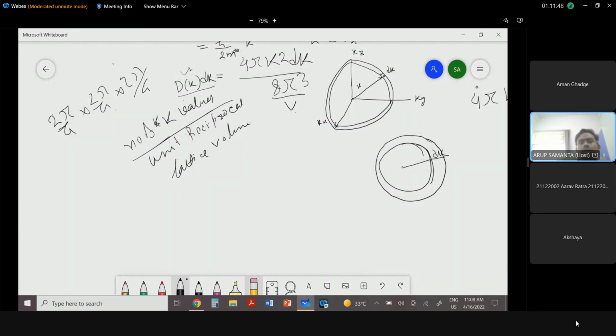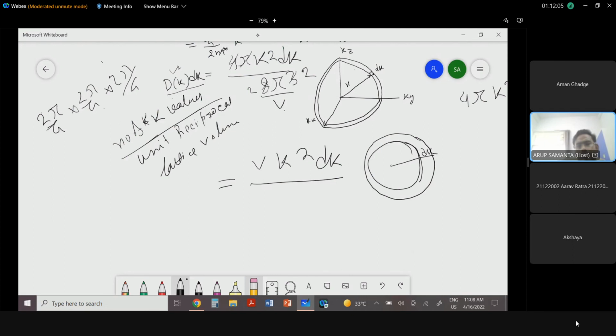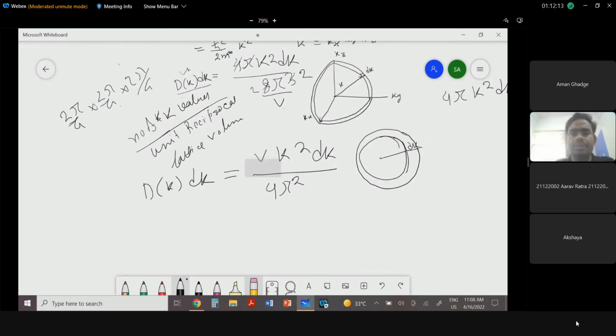Now, if we do the analysis, simply V square remains, 4 becomes 2, so it is V k square dk by 4 pi square. So this dk is now this one, where V is the real lattice volume.